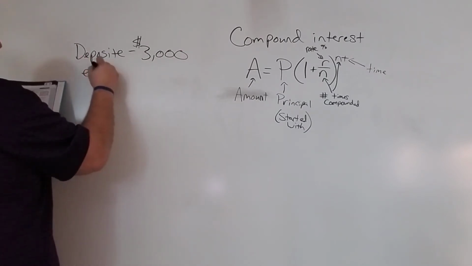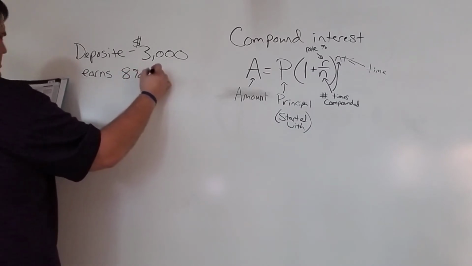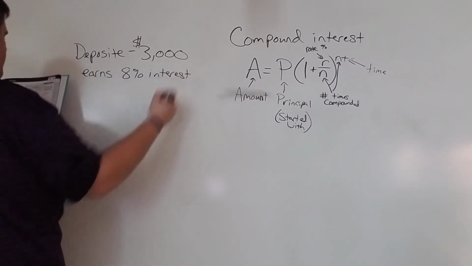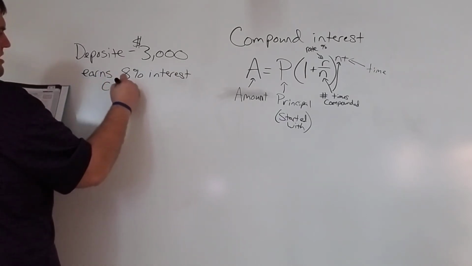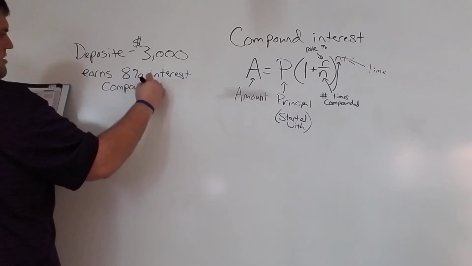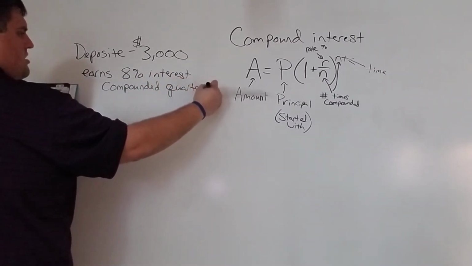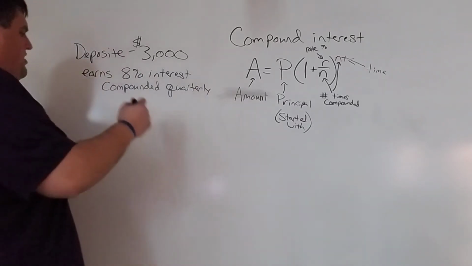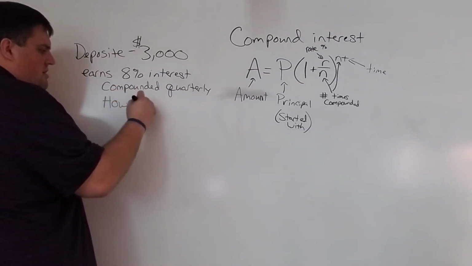It earns 8% interest, and it's compounded quarterly. Cool. So they want to know how much would she have in 5 years.